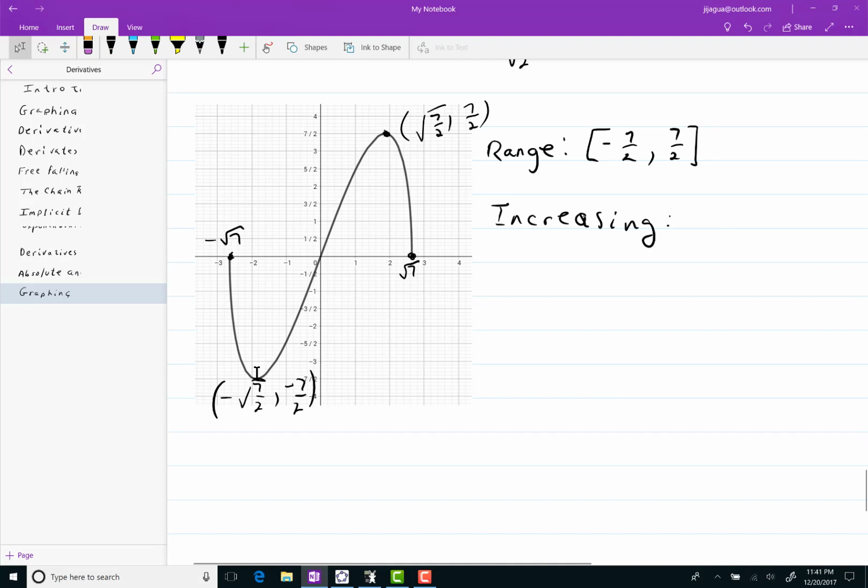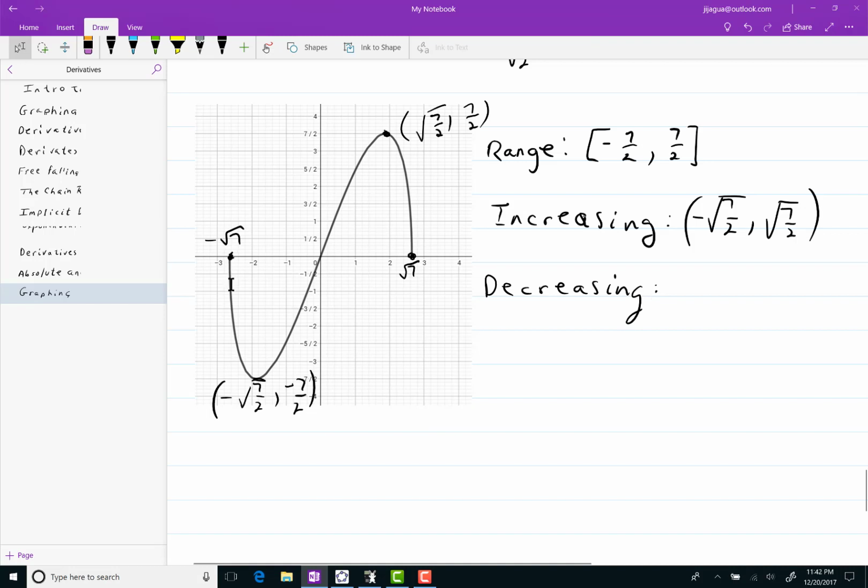Now you list the x values for this. So when you say it's increasing, you write as an open interval, parenthesis, negative radical 7/2, comma, radical 7/2. I usually do not use closed intervals for this stuff. Decreasing, it's on the first and last intervals.